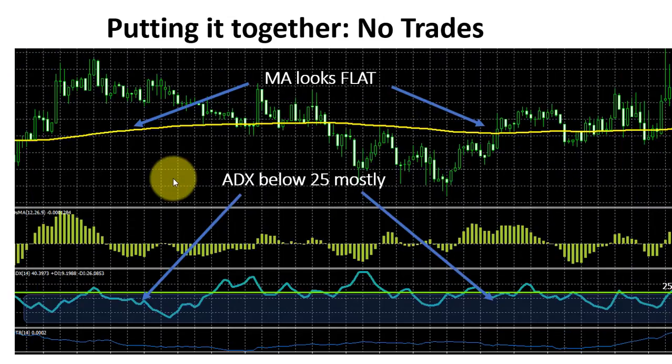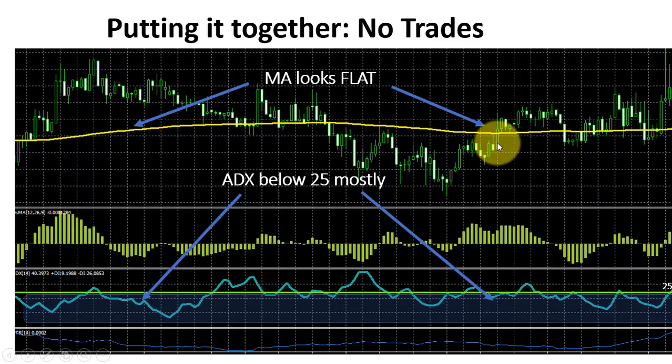Okay, and let's look at this scenario. Why do we say there may not be a trade on this screen? Well, first of all, the moving average looks flat. It doesn't really matter that much, but it concerns us a little bit.